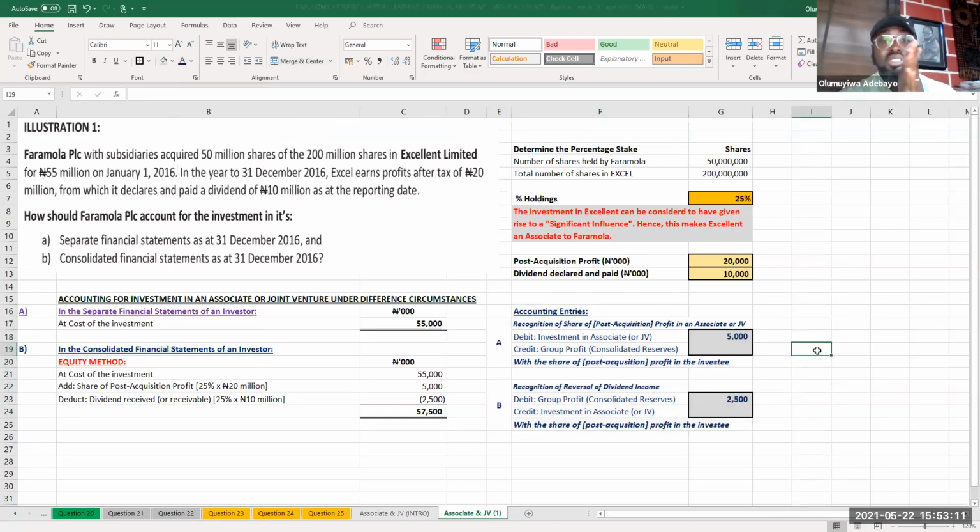Okay, now let's see who can solve, who will guide us in the second one. Who can read the second question? Somebody should proceed to read the second question.